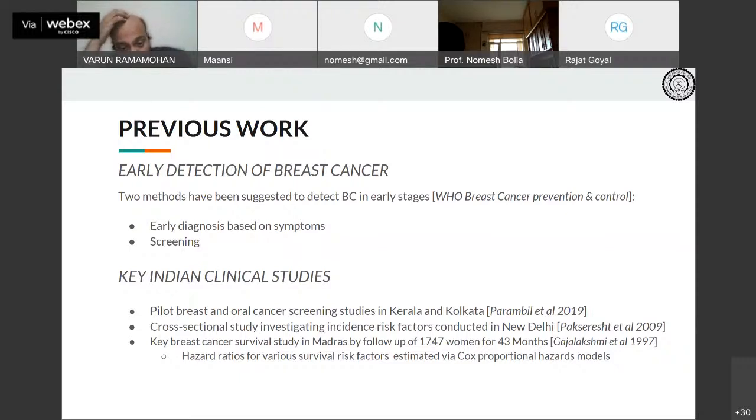There is evidence from pilot programs, breast and oral cancer screening studies done in Kerala and West Bengal, showing that it is possible to do this. Door-to-door screening studies have been done, and they call it a cost-effective program, but that is not a formal assessment of cost-effectiveness, right? So this is what we want to do as part of the study.